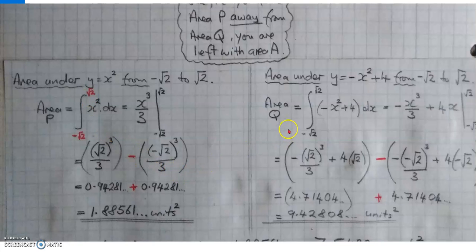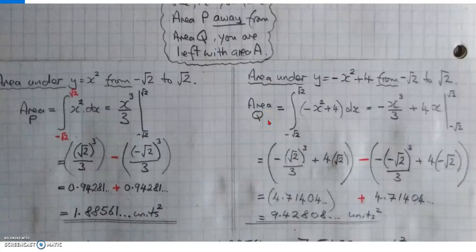Now we do the same thing for the other area, the area which I called Q. It's the area underneath y equals minus x squared plus 4 from minus root 2 to root 2. So there it is, there are the limits, and now we integrate this. We get minus x cubed over 3 plus 4x, and there are our limits again.